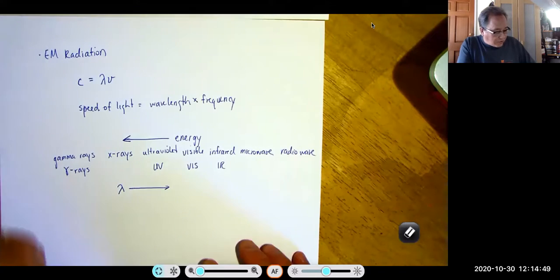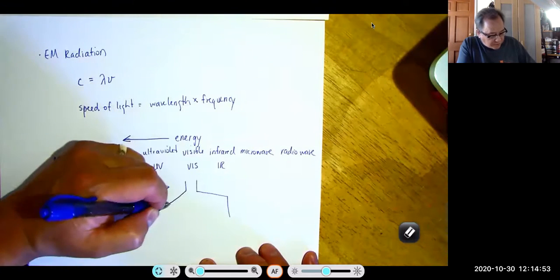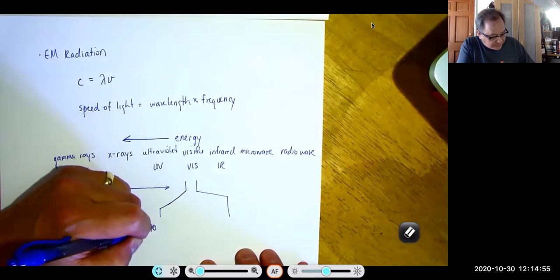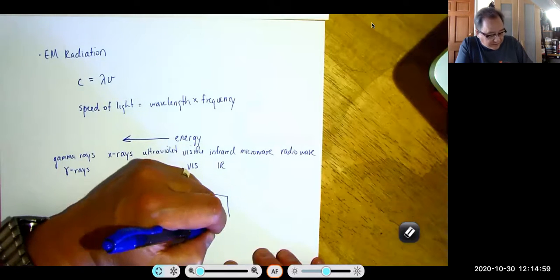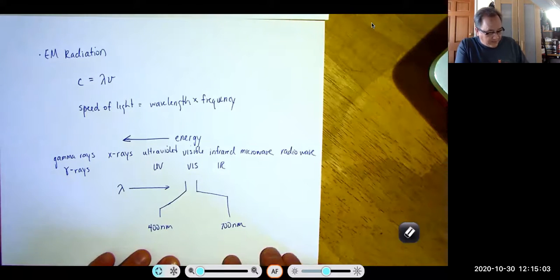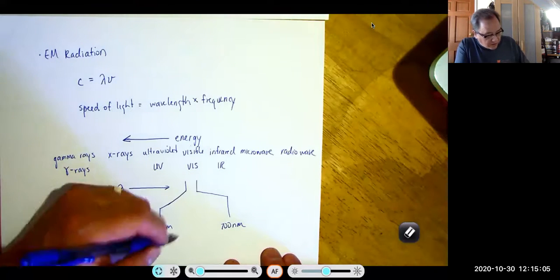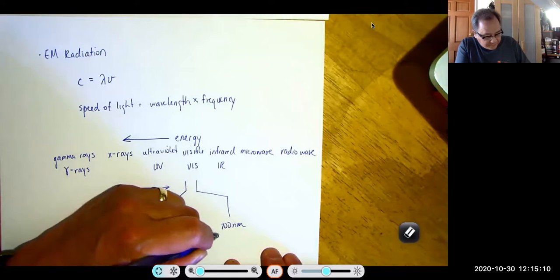And you should know the visible spectrum goes from 400 nanometers, short wavelength, to 700 nanometers, which is a long wavelength. And the colors of the spectrum are VIBGYOR.